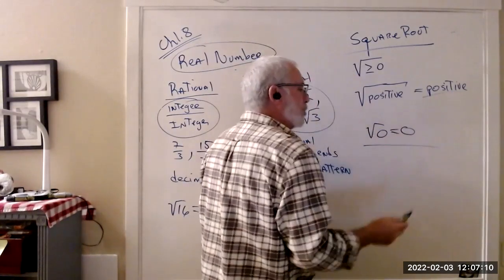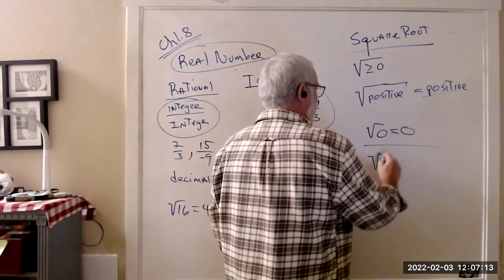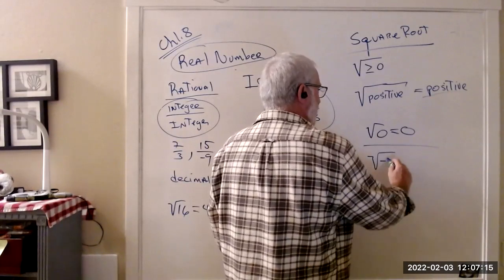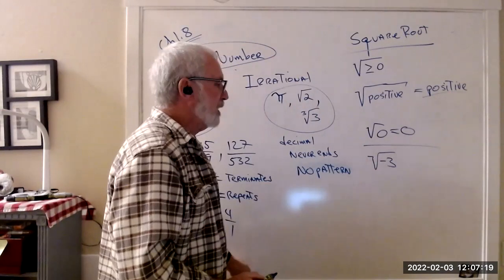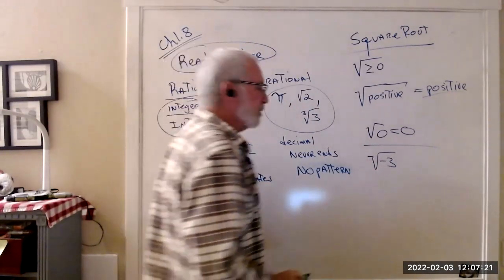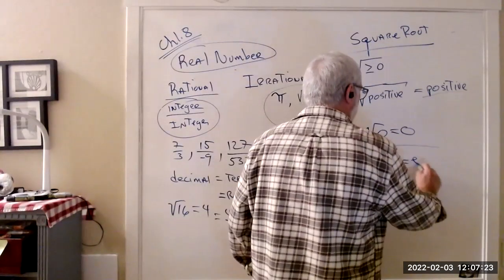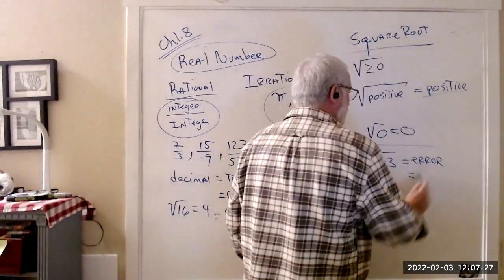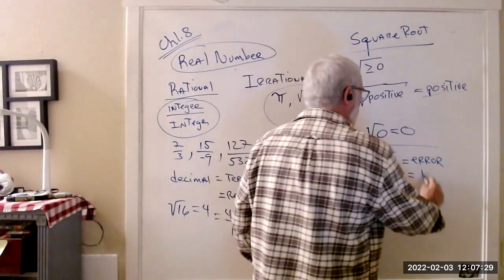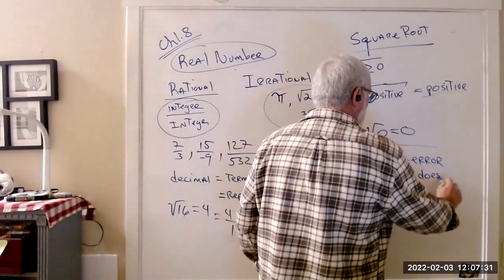What you won't get, if you put in a negative number like -3, if you put in the square root of a negative number, you're going to get an error on your calculator. That's impossible. It does not exist.